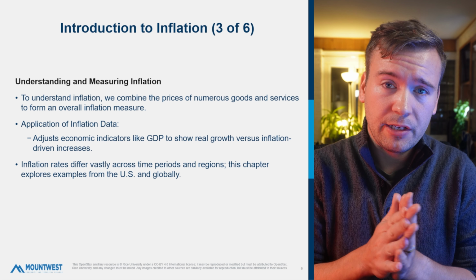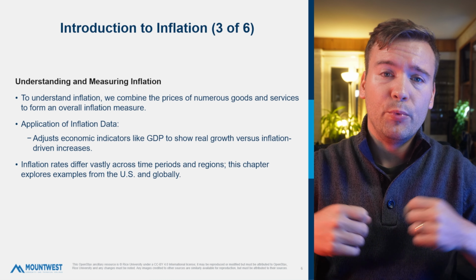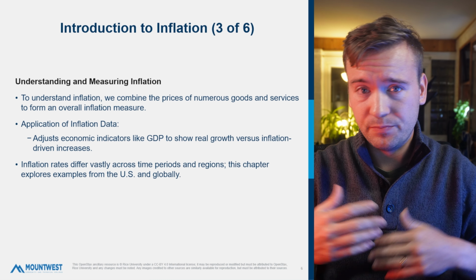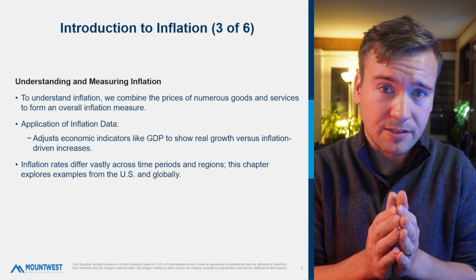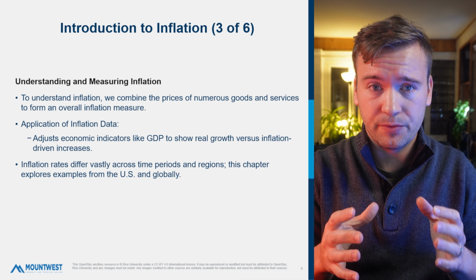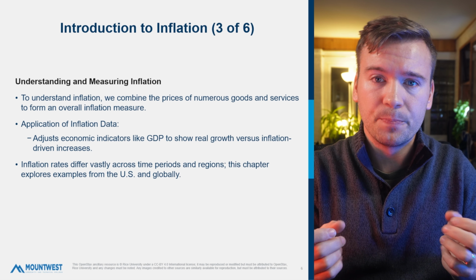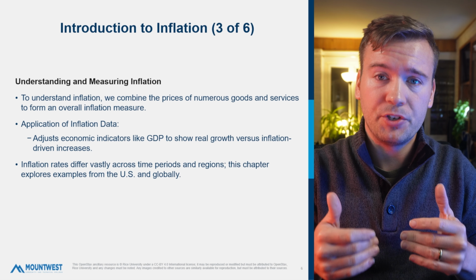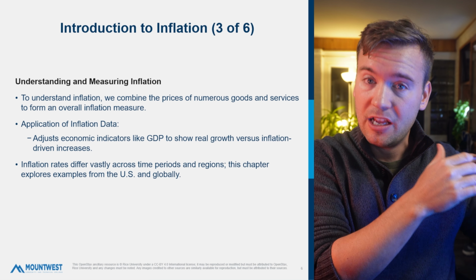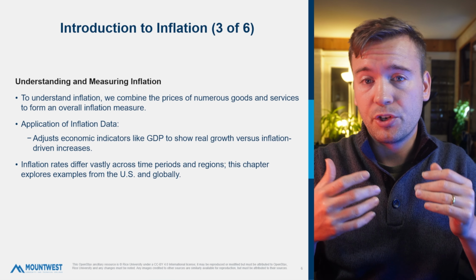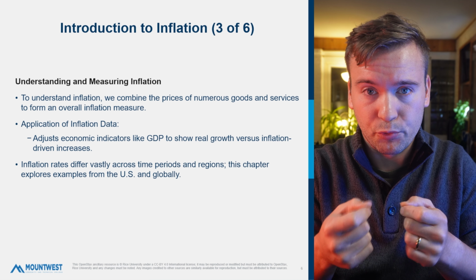So measuring inflation is an important topic here. We combine the prices of many different goods and services into an overall inflation measure. We call this a basket. We can use this measure to adjust our economic indicators, like GDP, to show, instead of nominal GDP growth, real growth.